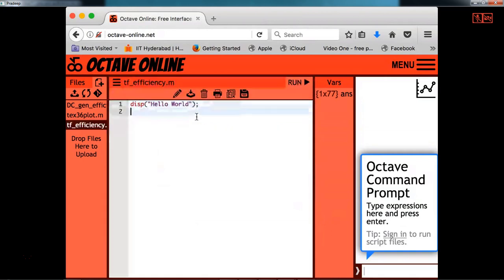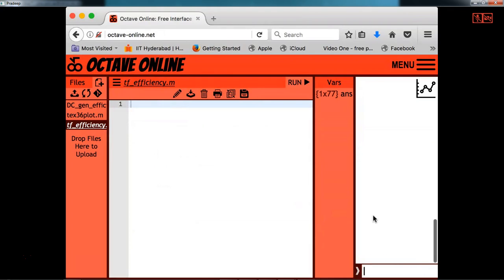So on your screen, now you are able to see this particular area. So in the middle, I can now write the program and I can execute the program, and the results of the program I can see on the right side. So let me write the program first. So it is very straightforward.